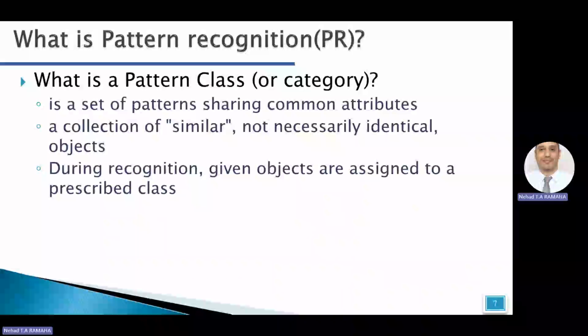All these are attributes or features of the patterns or objects. So the machine will classify or categorize the object by the similarity of these attributes or features.